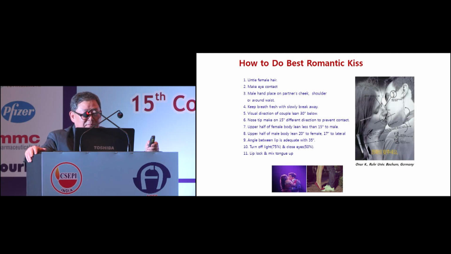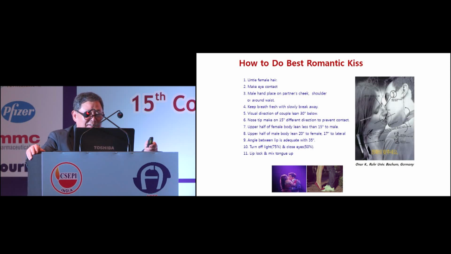Upper half of female and male body slightly different. Female less than 15 degrees to males. Male leans 22, female 17 degrees to lateral. Angle between lips is adequate at 35 degrees.